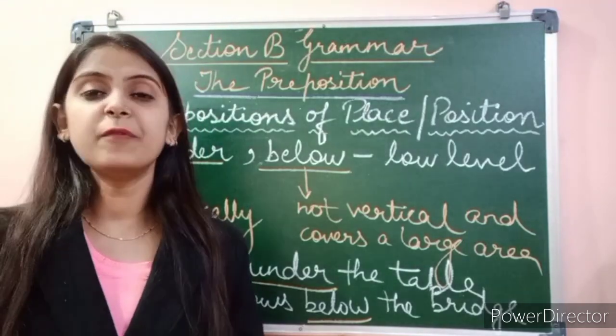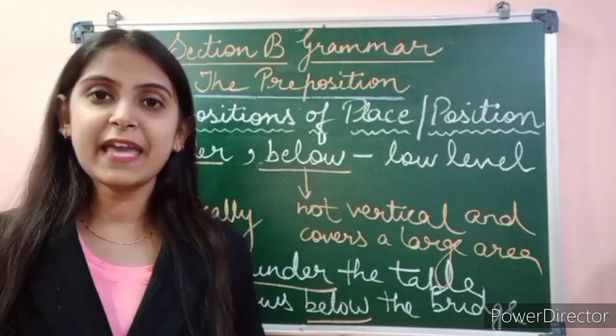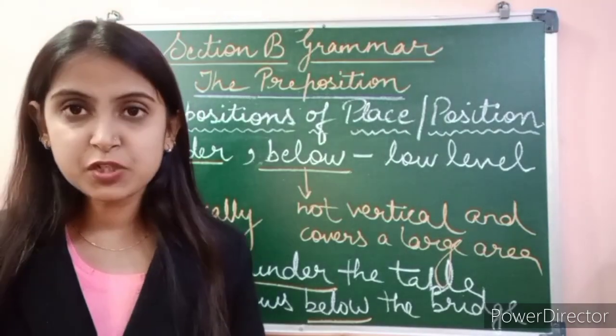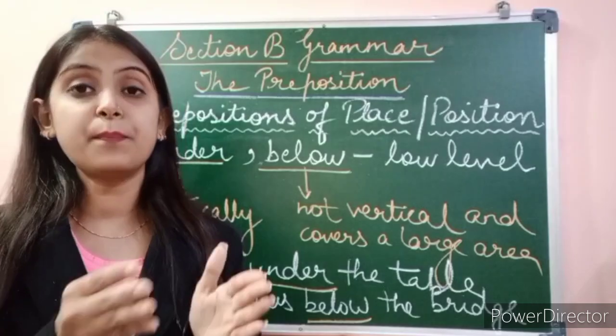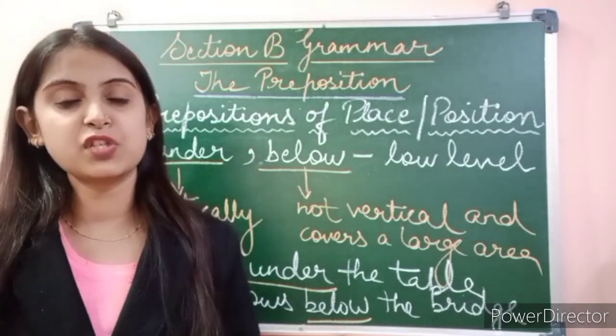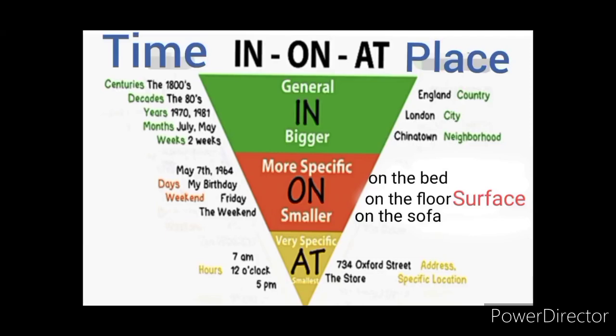Now before moving ahead with prepositions of movement, I would like you to see a picture through which you will be clear about the difference between preposition of time and preposition of place. So kids, we have just studied how the prepositions in, on and at are used as prepositions of time and prepositions of place.